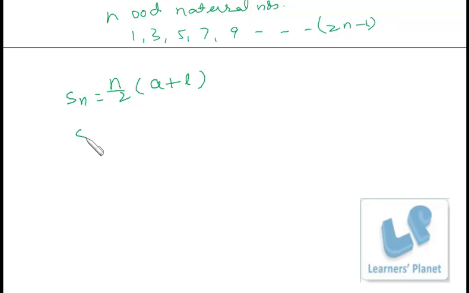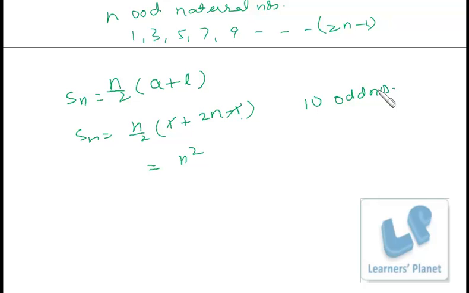Here Sn is n by 2, the first term is 1, the last term is 2n minus 1. So n by 2 into 2n, that is n square. So the sum of the first n odd natural numbers will be n square. That is, the sum of the first 10 odd natural numbers will be 100. The sum of the first 9 odd numbers will be 81. So that's pretty simple.